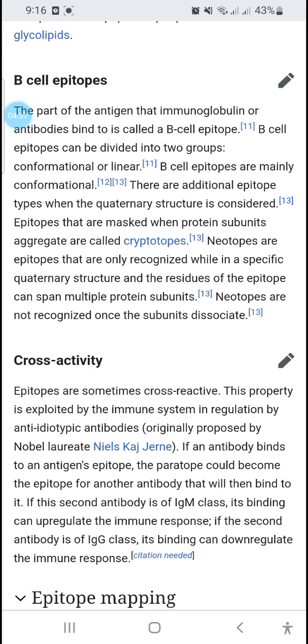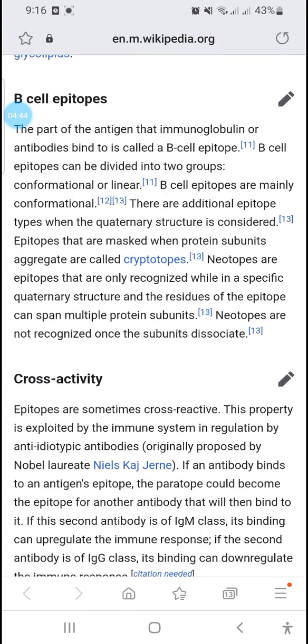Next, cross reactivity. Epitopes are sometimes cross reactive. This property is exploited by the immune system in regulation by anti-idiotypic antibodies, originally proposed by Nobel laureate Niels Jerne.